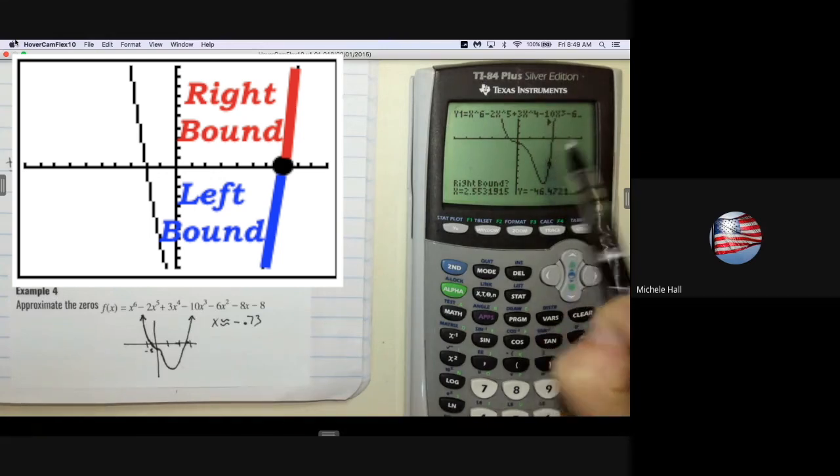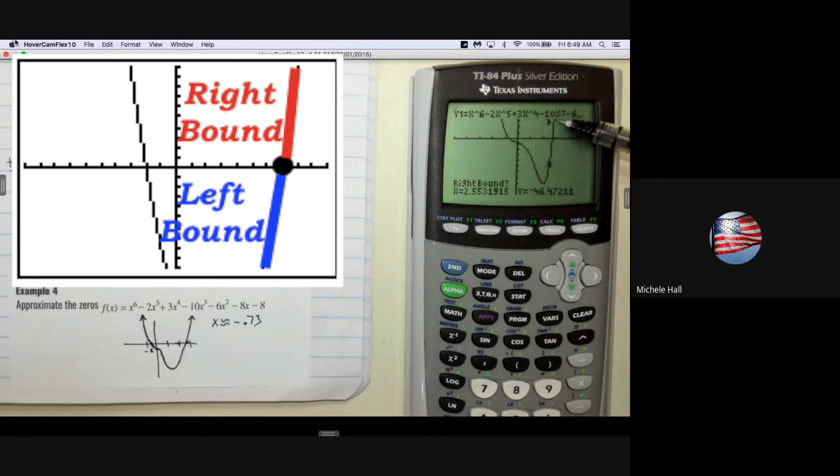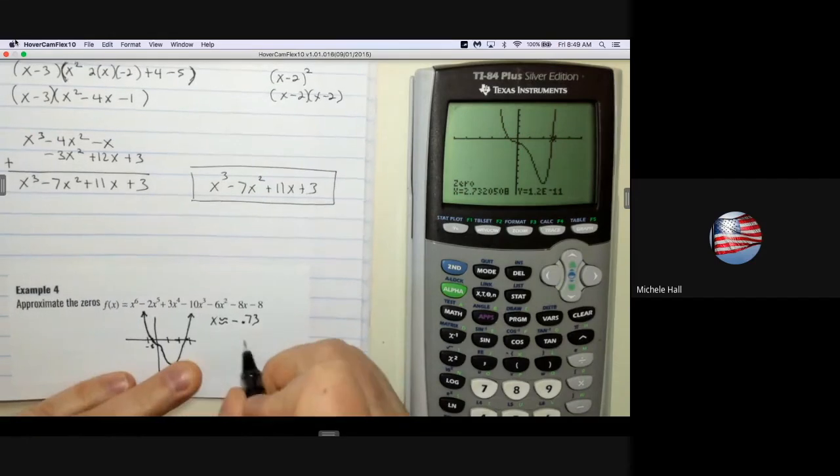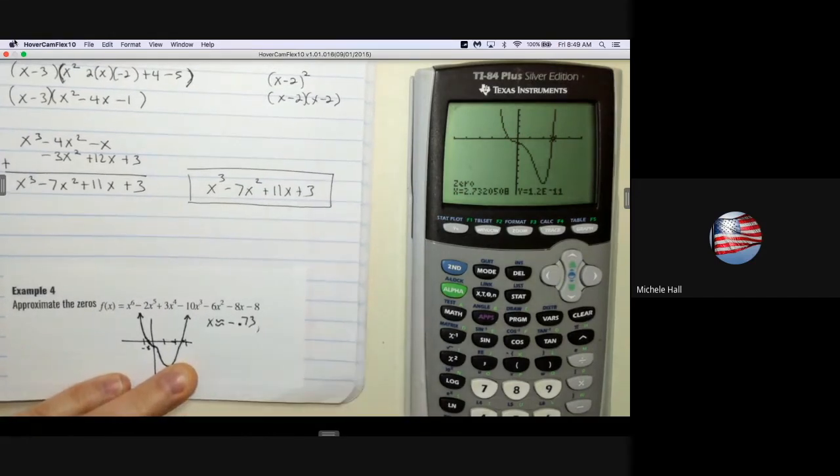Start looking for that 0. When am I on the right-hand side? When I'm on top, that would be when I'm on the right-hand side. Enter, and there's the other arrow that pops up, and the calculator is going to look between those two places, the left bound and right bound. Enter, and we get that that 0 is about 2.7. So it's also approximately 2.73.